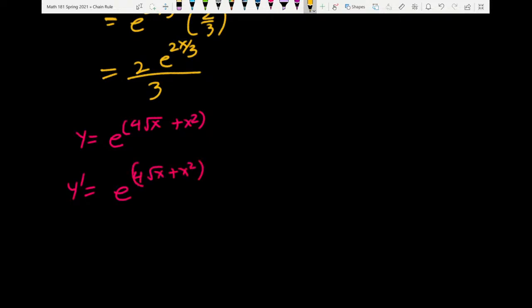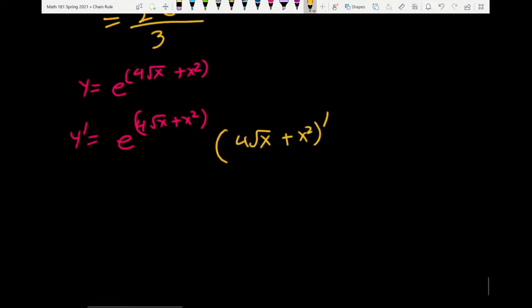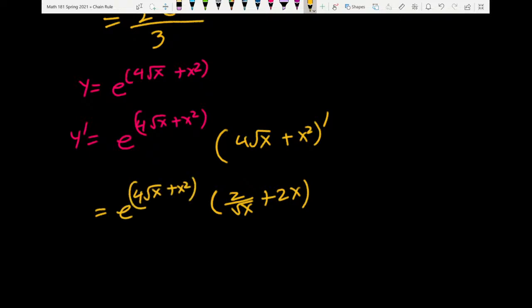That was easy. Now what's the derivative of that? Oh, that still is easy. You get 1/2, 2 over square root of x plus 2x, times e to the 4 square root of x plus x squared. Yeah, still easy. All right, let's see.